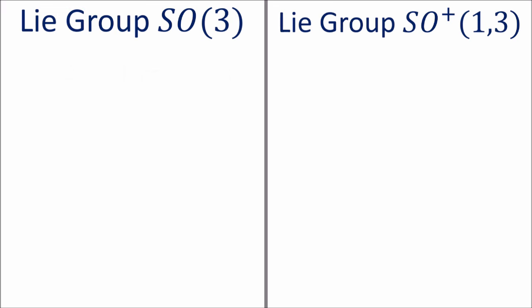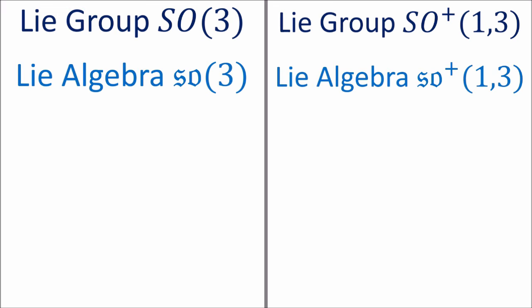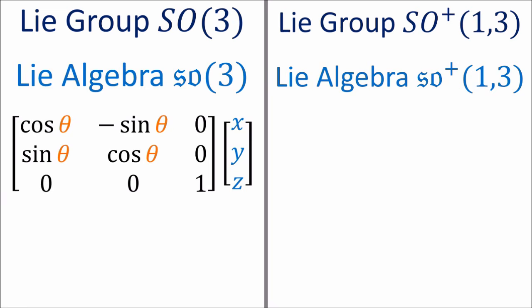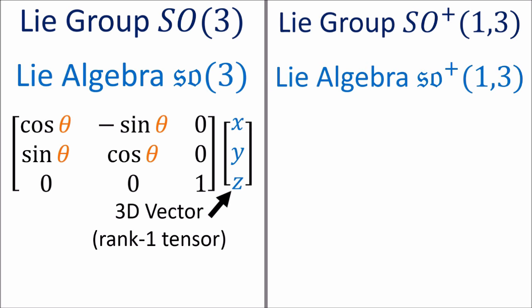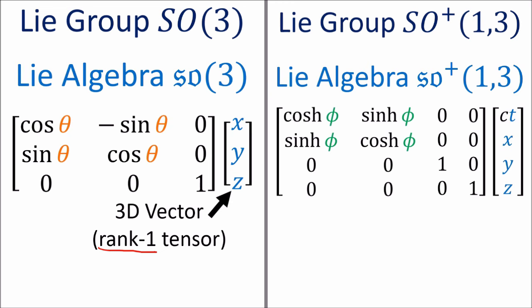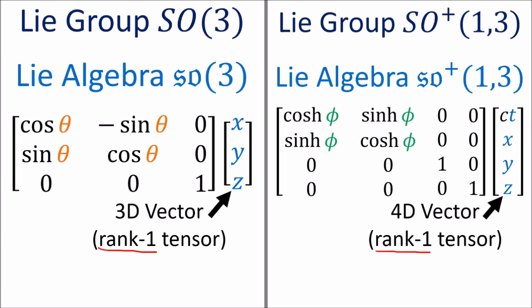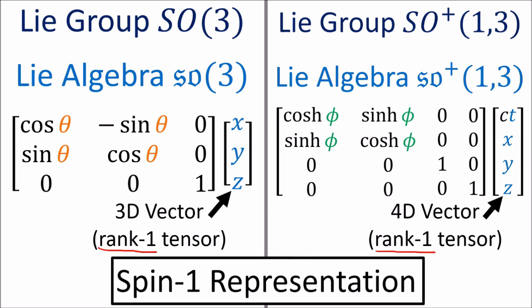So in this video, we've looked at the Lie groups SO3 and SO plus 1, 3 and discovered their respective Lie algebras. But these Lie group matrices only operate on vectors. SO3 matrices operate on 3D space vectors, and SO plus 1, 3 matrices operate on 4D spacetime vectors. Since vectors are rank 1 tensors, we say these matrices are part of the spin 1 representation.